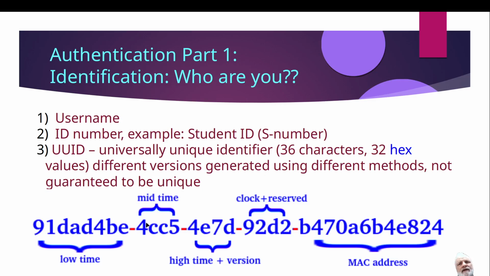This one was generated on a system, so it uses the hardware address of the system, and then it uses time values to encode. As you can see, it looks very random, and it should be fairly unique, although again there's no guarantee that it is.